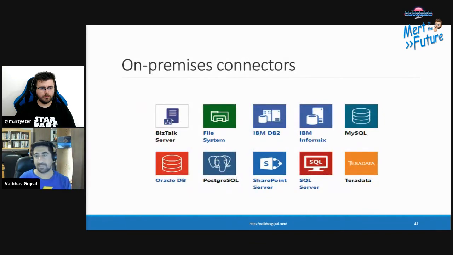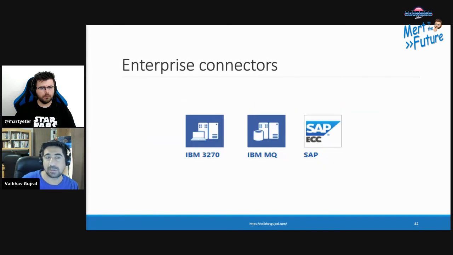There are numerous on-prem connectors that you can utilize to connect your on-prem systems, ranging from Oracle to Postgres to IBM DB2, MySQL, and so on. Several enterprise connectors you can utilize with your Logic Apps range from IBM 3270 and IBM MQ to SAP.